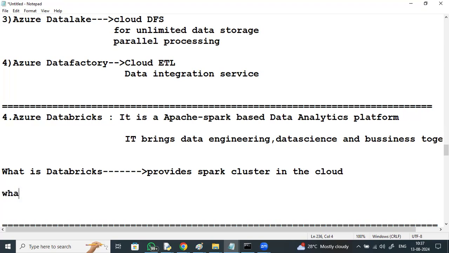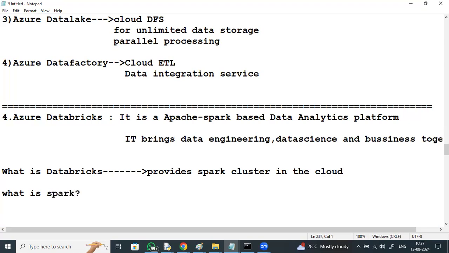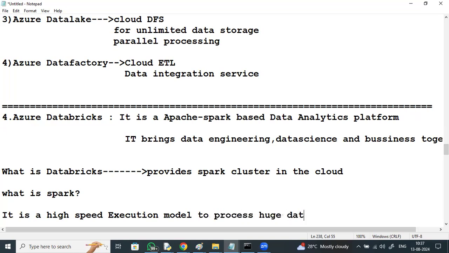What is Spark? It is a high-speed execution model to process huge data.